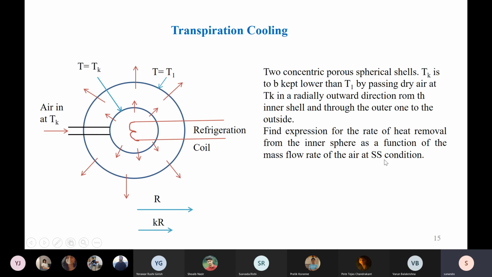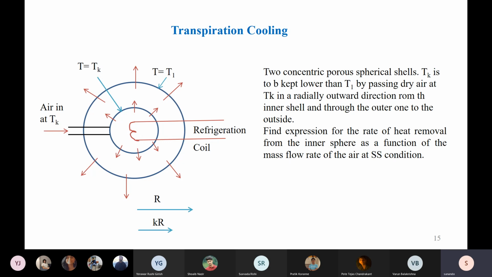This is the problem of transpiration cooling. As the name suggests, there would be some sort of evaporation or some sort of phase change that could take place. I'll describe the problem first. We have an inner sphere whose temperature is to be maintained at some very low temperature. We are talking about cryogenic situations.